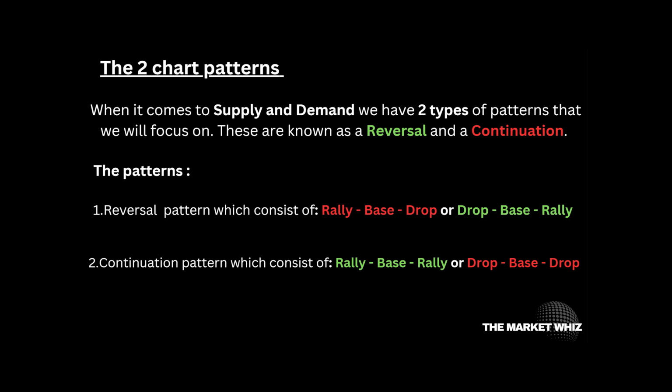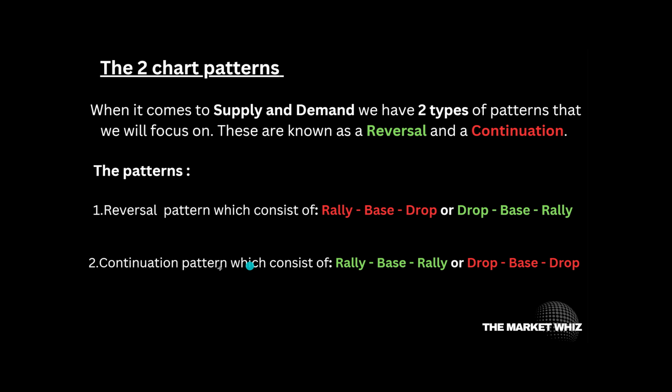Now, when it comes to supply and demand, we have two types of chart patterns: a reversal and a continuation. The reversal pattern is a rally base drop, or a drop base rally.